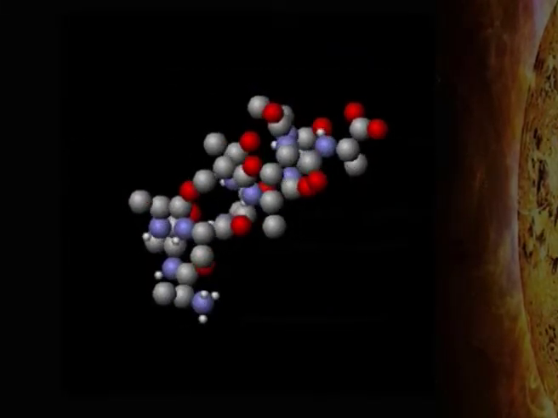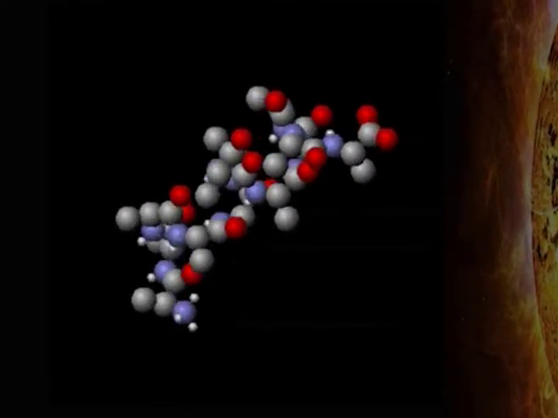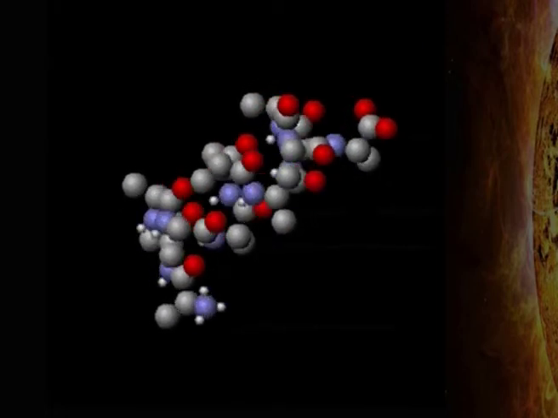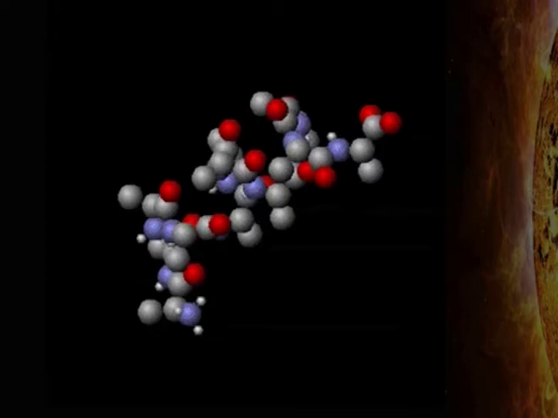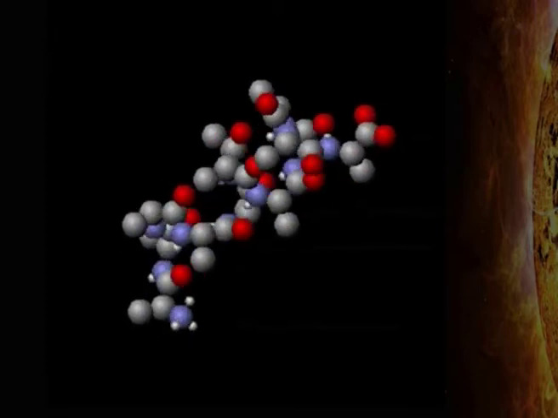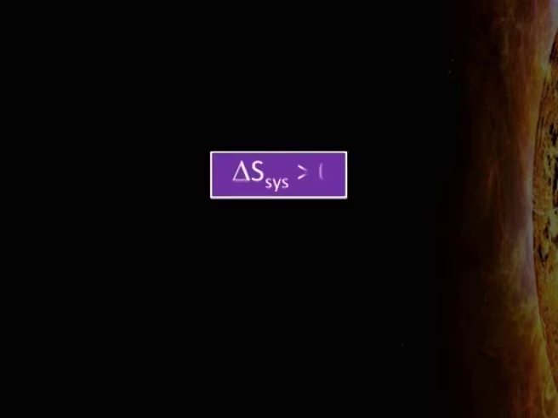Likewise, as we raise the temperature of a solid, the particles vibrate more vigorously about their mean positions in the crystal, so that at any instant there is a larger average displacement from their mean positions. This results in an increase in entropy, or we can say delta S system is greater than 0.